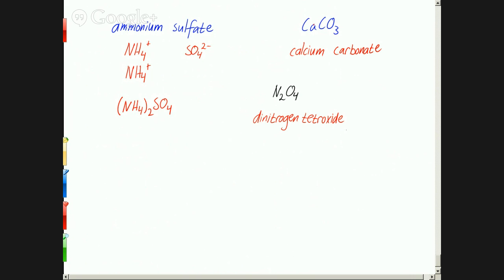Dinitrogen tetroxide. If you said tetraoxide, that's all right. You're getting this. Let's try for more.